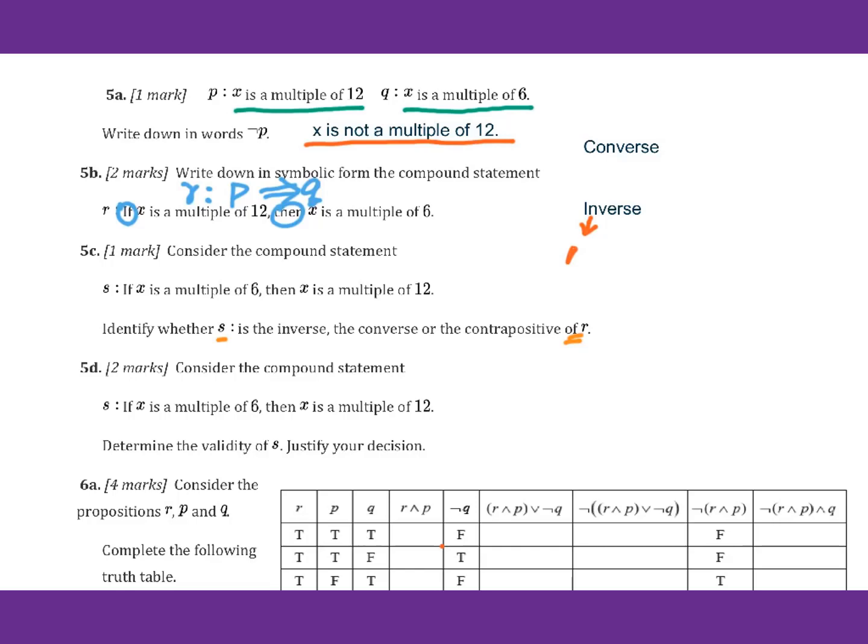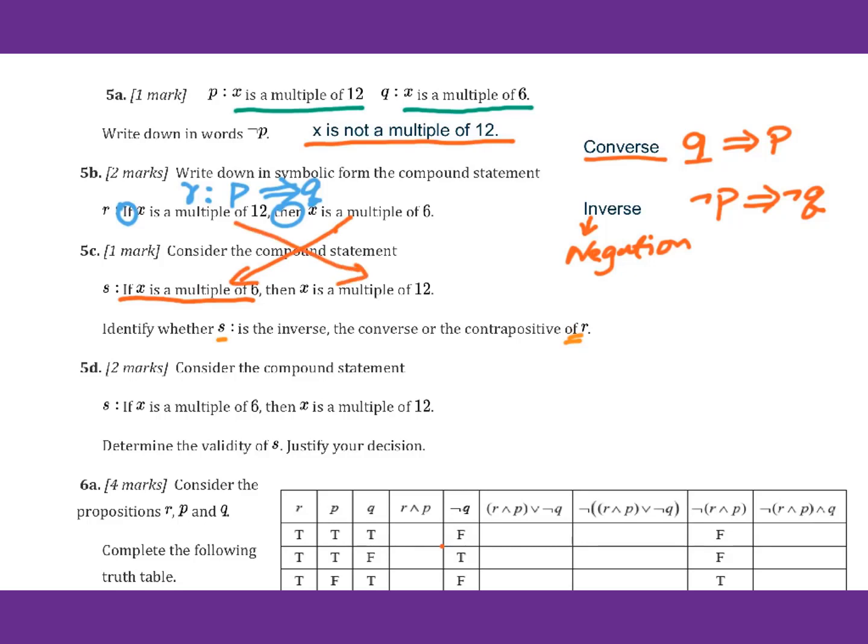Inverse means negation, so we have not P implies not Q. Converse, like a conversation, we go back and forth. That's why you switch if and then. So we get Q implies P. From this, if X is a multiple of 6, that's this switch. Therefore, it will be converse.